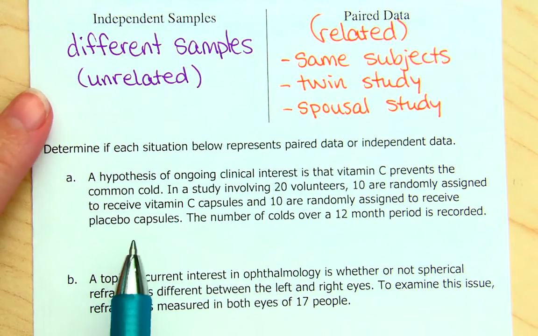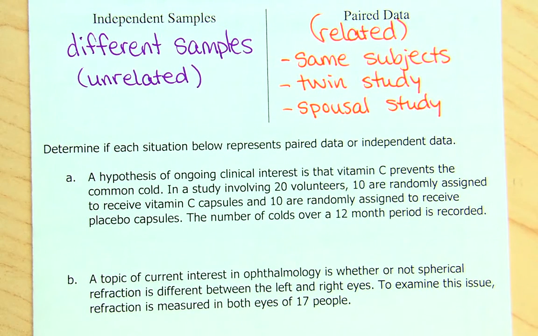So on this first one, it says a hypothesis of ongoing clinical interest is that vitamin C prevents the common cold. In a study involving 20 volunteers, 10 are randomly assigned to receive vitamin C capsules, and 10 are randomly assigned to receive placebo capsules. The number of colds over a 12-month period is recorded.